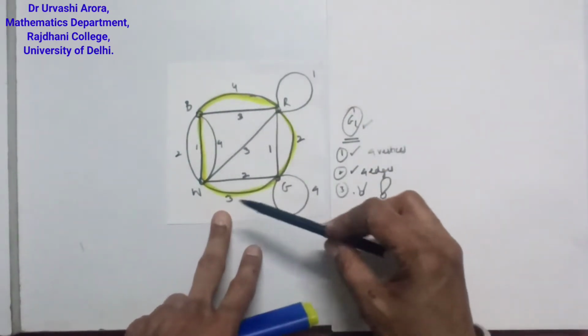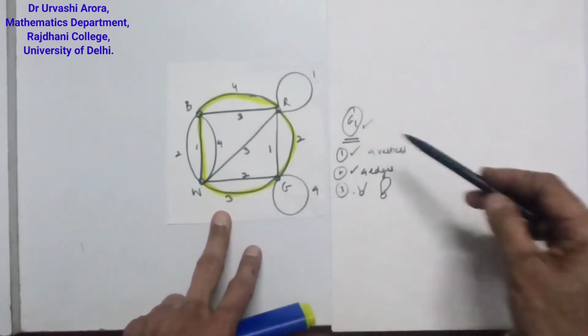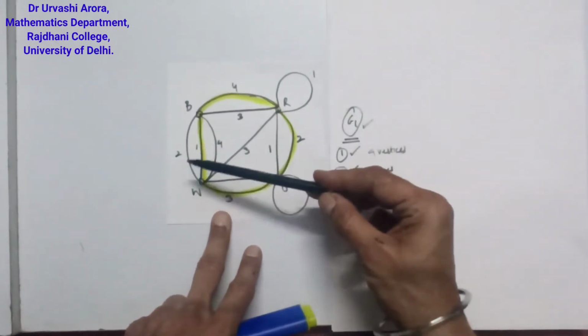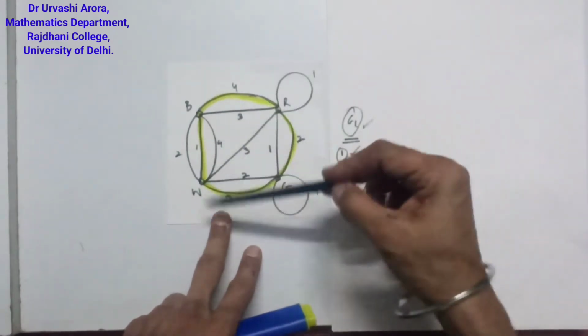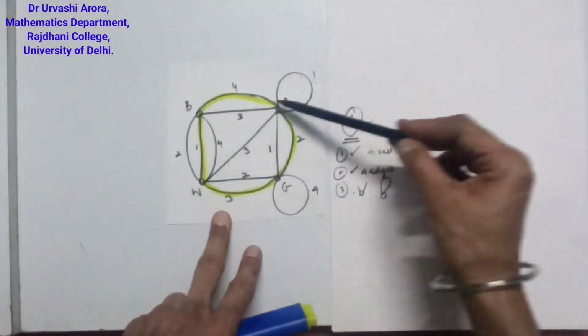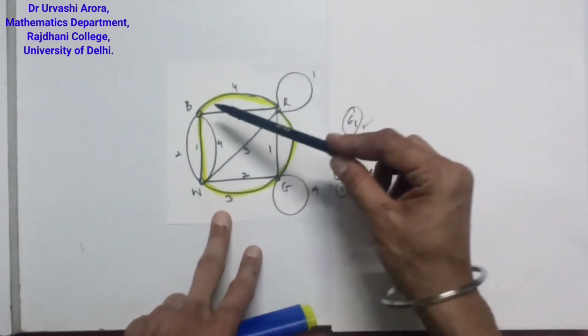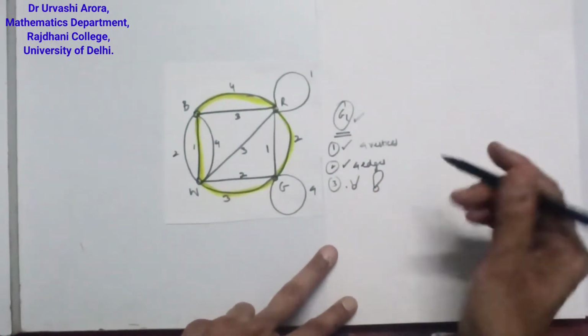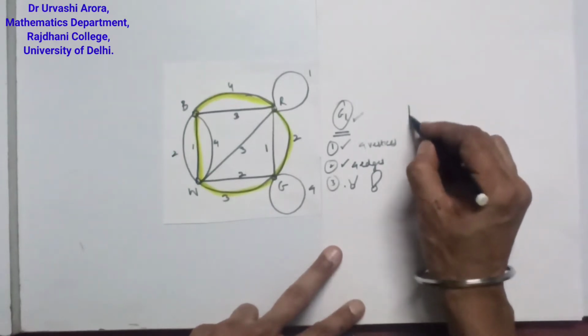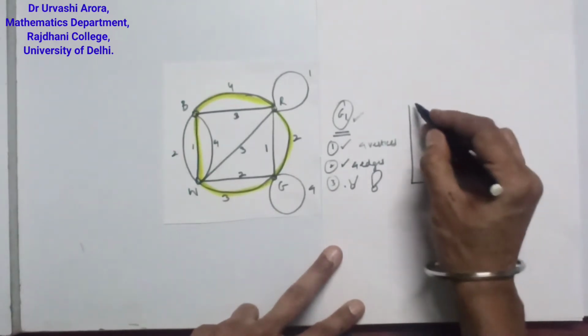So G1 actually represents an arrangement of these cubes: cube 1, cube 2, cube 3, cube 4, in which there is a pair of opposite faces from each of the four cubes. So we can represent this subgraph G1 somewhat like this. This is the arrangement which the subgraph G1 is giving.